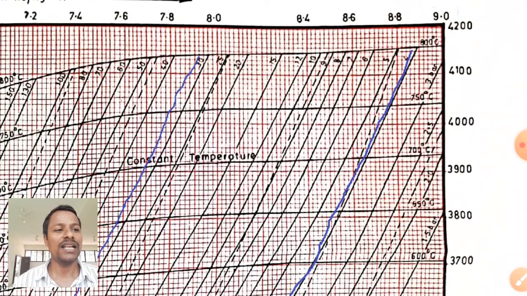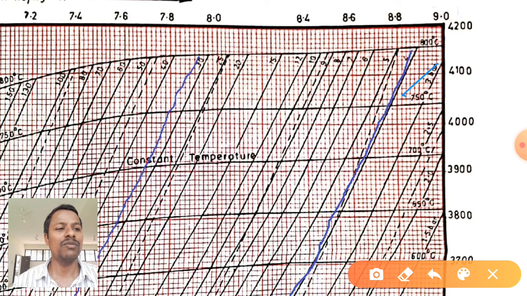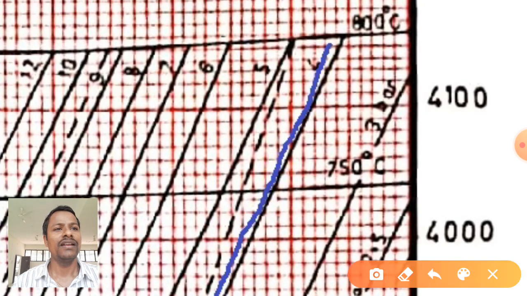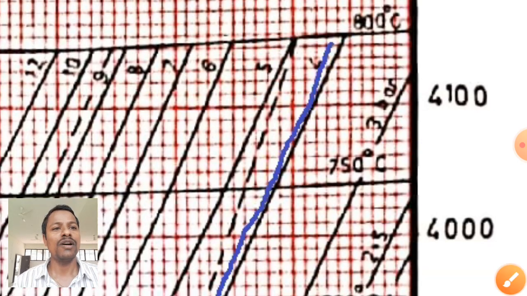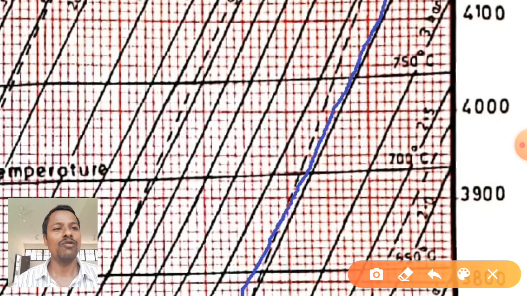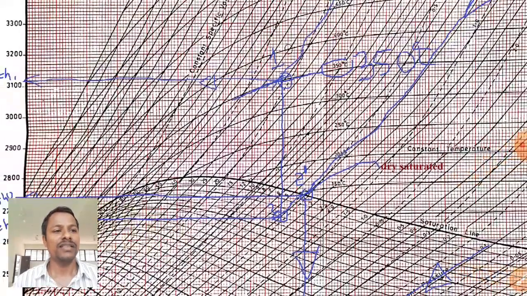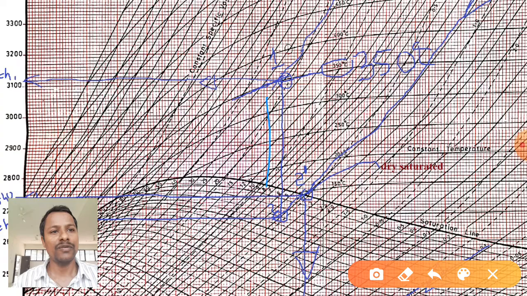So I will identify the 4 bar pressure line on the Mollier chart. This is 3 bar, this is 5 bar, so in between I have 4 bar. From 4 bar, I will be moving downward until it cuts the vertical line from state 1.